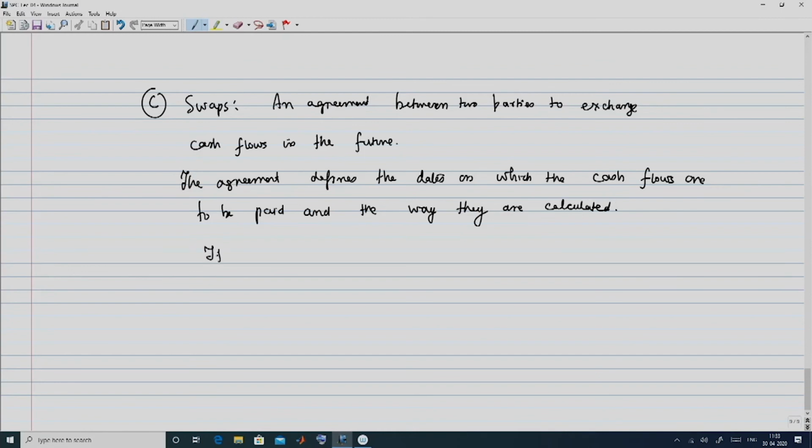So, typically swaps are used in case of interest rates. So, let me explain what I mean by exchange of future cash flows.